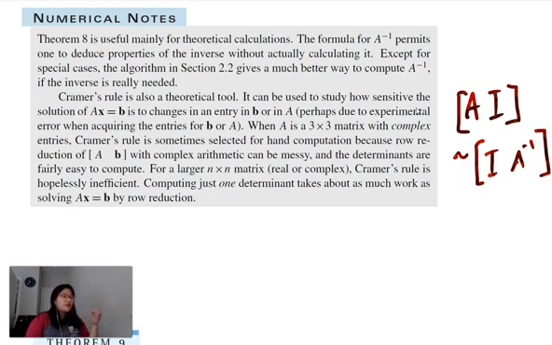You can figure out how stable the solution is or how sensitive it is to those changes. So when you're looking at calculating your actual A inverse, Cramer's rule isn't super helpful, but figuring out what is still going on with the system, you can do some of that analysis using Cramer's rule.